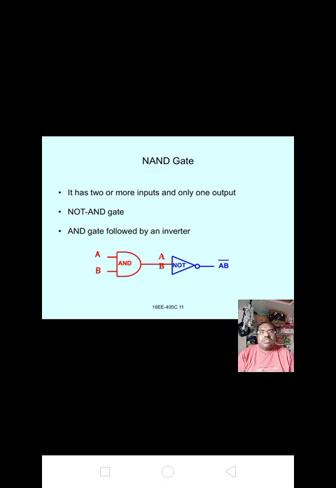Here I have given you a symbol which represents the NAND gate operation, that is AND gate plus NOT gate. AND gate has inputs A, B. Output for AND gate is Y equal to A into B. This is given to the NOT gate, and the output emitted from the NOT gate is Y equal to (A into B) bar.